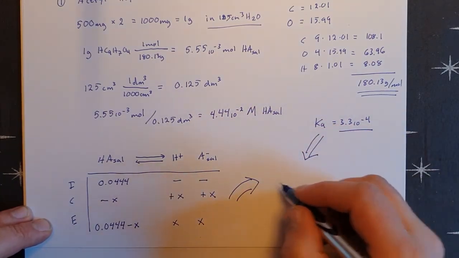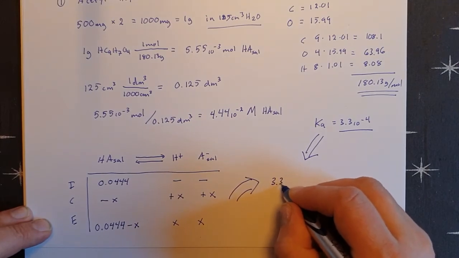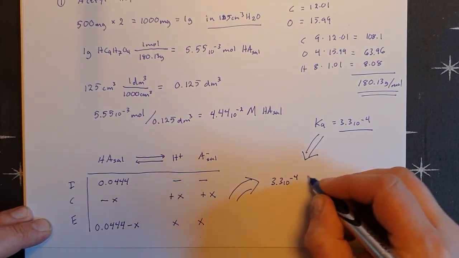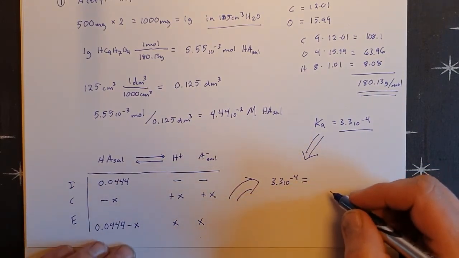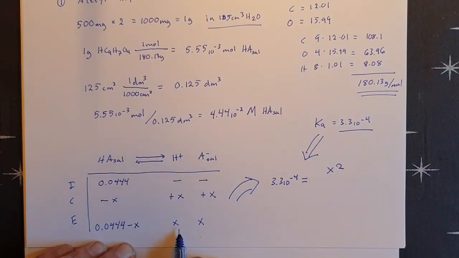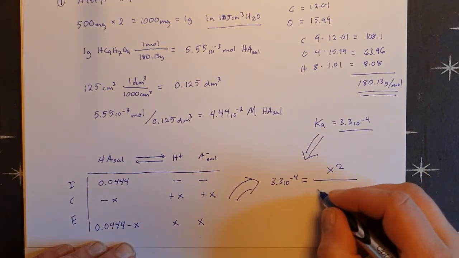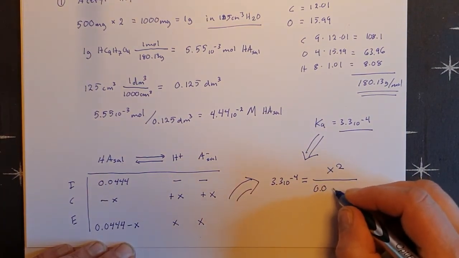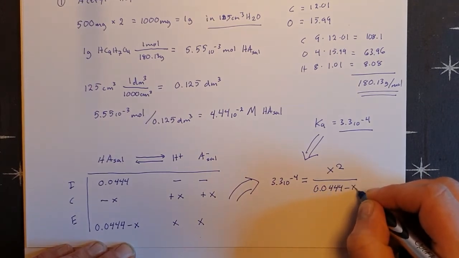So we have 3.3 times 10 to the minus 4 equals x squared, products over reactants, divided by 0.0444 minus x.